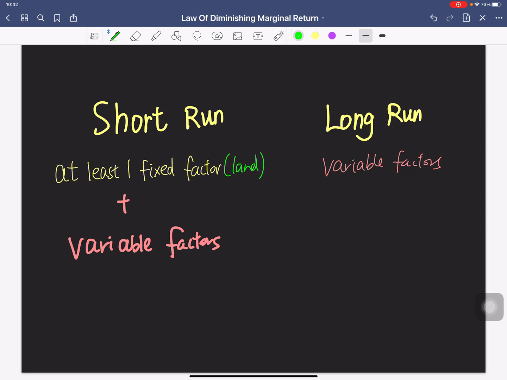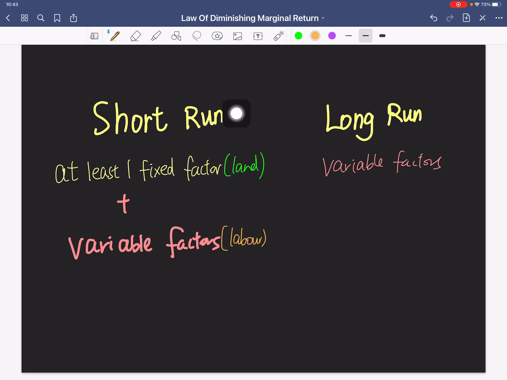However, the variable factor, which is our farmer, the labor, is going to change because I can employ more farmers to help me grow more carrots. The quantity of labor in this example is going to vary with my output level. This is called short run.